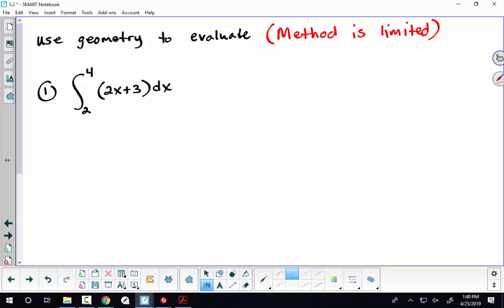So let's just draw this out. We have our linear function 2x plus 3. Here's the y-intercept at 3. Let me try to draw that better.